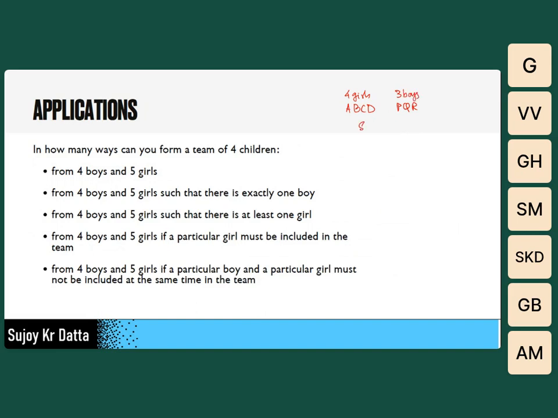I need to make a team of four people satisfying these two conditions: there is at least one boy, and A and P refuse to be together on the team.